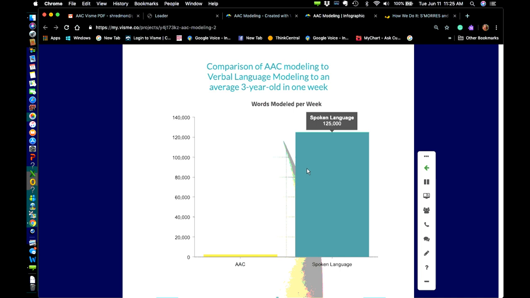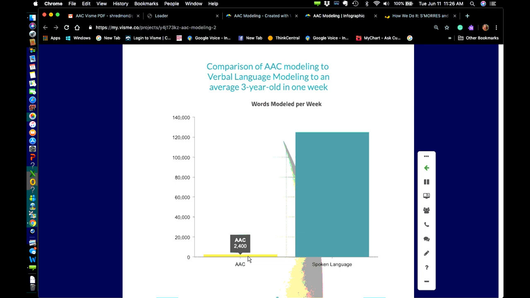So in 1 week, we have over 125,000 words spoken to an average 3-year-old, modeled words. And in 1 week, and this is an average, I didn't even take the top, we have 2,400 words modeled. Can you even imagine how great it would be to model 2,400 words and have your AAC communicator have that modeled?